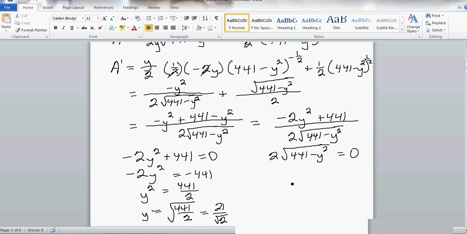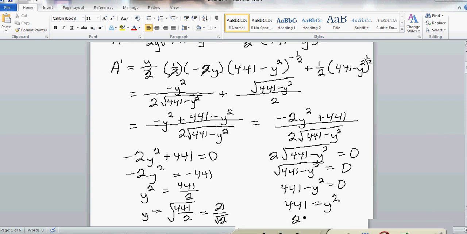Okay, so that's one possible answer. Then here, if we divide both sides by 2, we get the square root of 441 minus y squared equals 0. Square both sides: 441 minus y squared equals 0. Add y squared: 441 equals y squared, or y would equal 21.